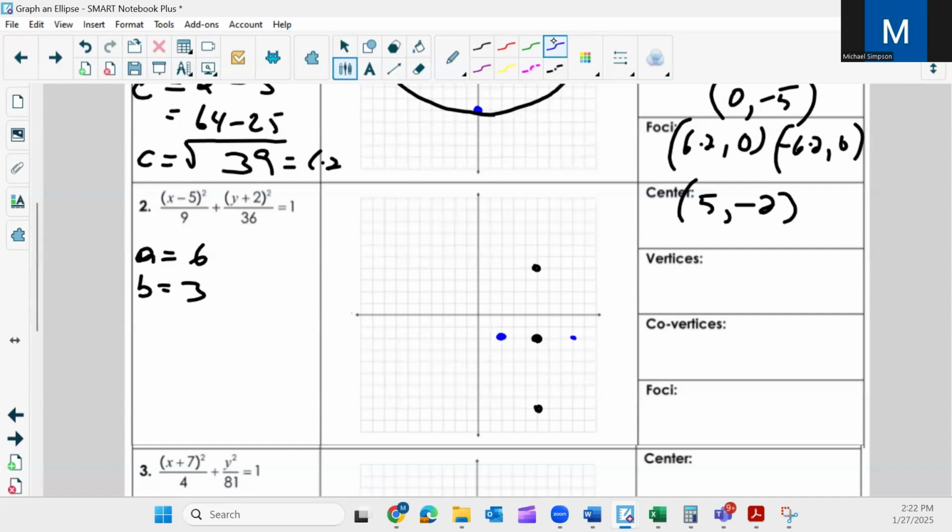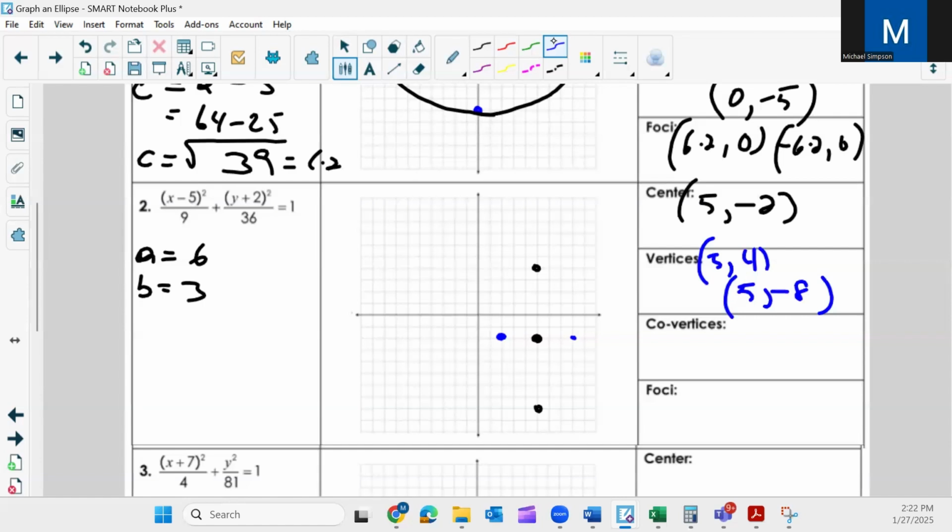All right. So my vertices now. What are my vertices? Somebody real quick. 5, 4, and 5, negative 8. Questions? And that one, 5, is that correct? Minus, yes. Yes. Questions?